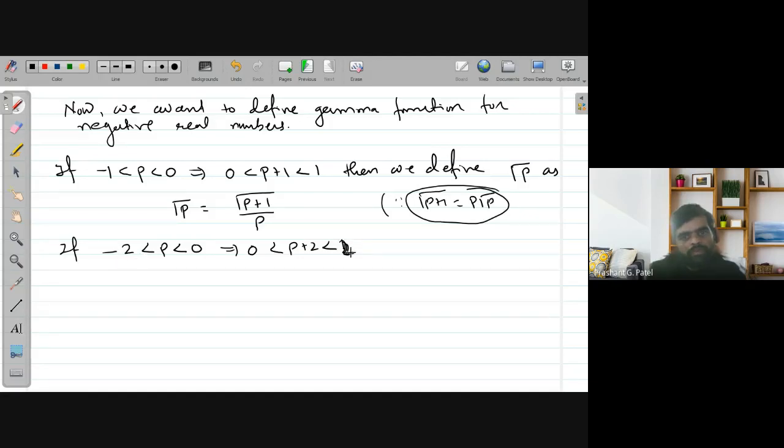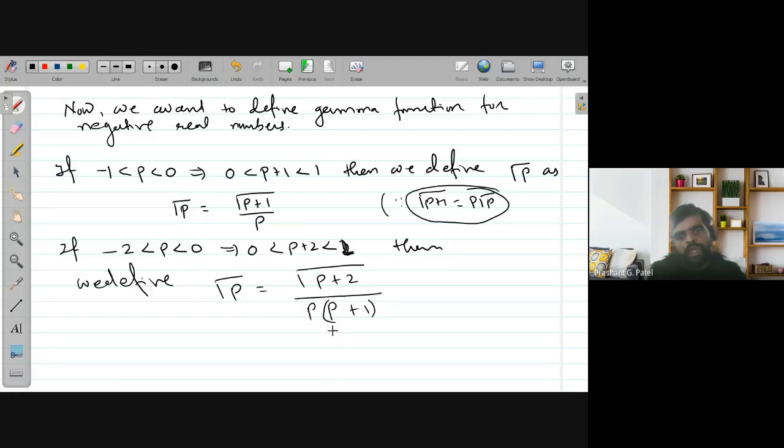Then in this case we define gamma p as gamma p plus 2 upon p into (p plus 1). Again by the same formula, gamma p plus 2 is (p plus 1) into gamma p plus 1, and gamma p plus 1 is p into gamma p. So the gamma p I want, I can define like this.